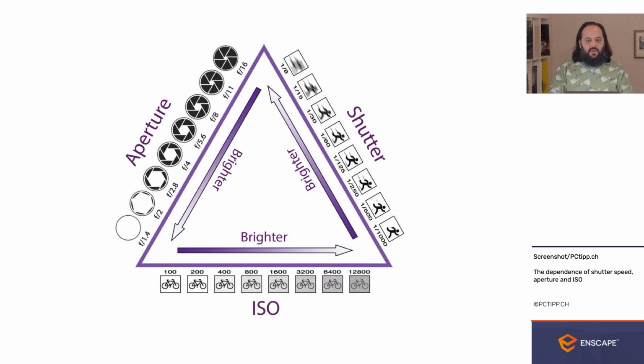Second example. You are standing quite close to two athletes competing against each other and need to keep a very fast shutter speed to capture the athletes in motion sharply. Because of the fast shutter speed, you lack light, which you now want to capture by opening your aperture.